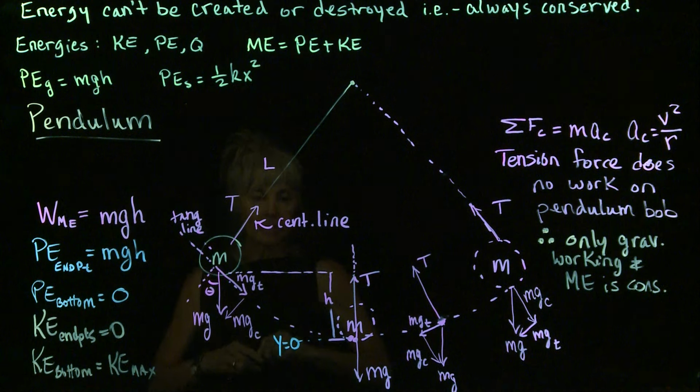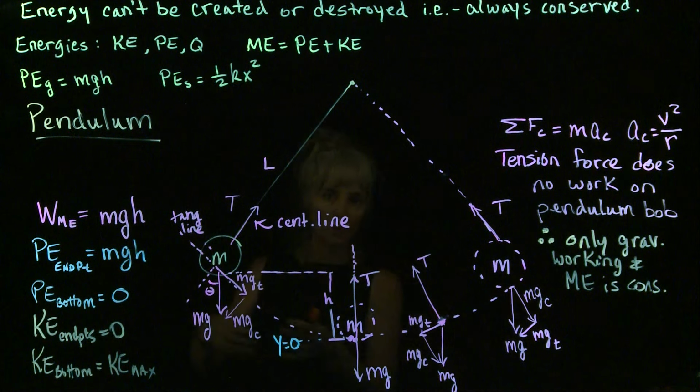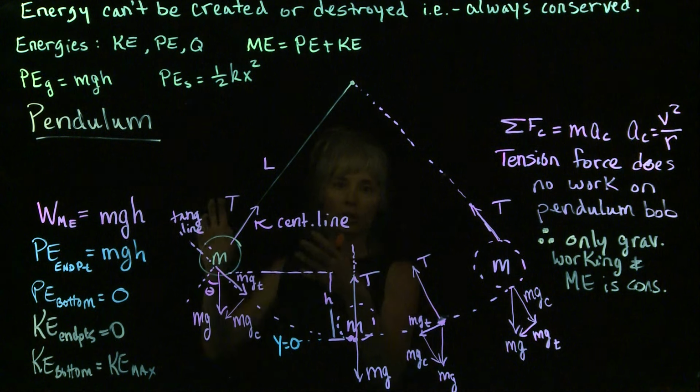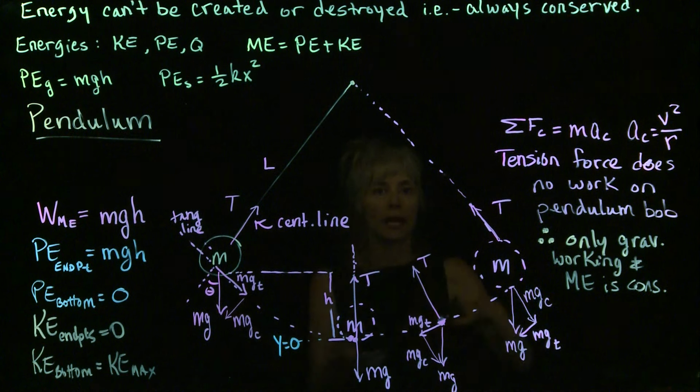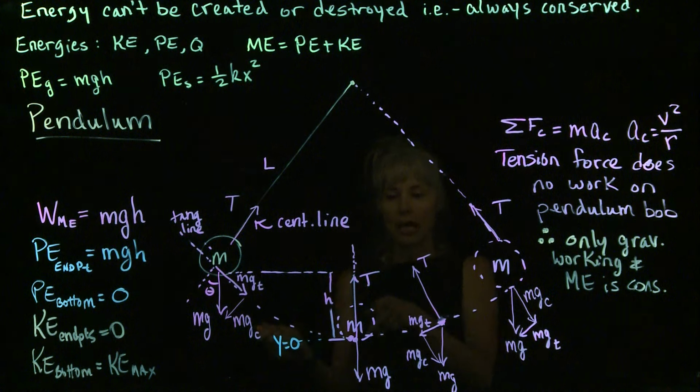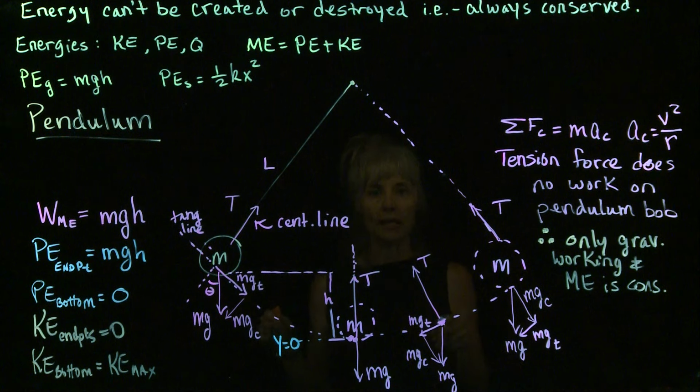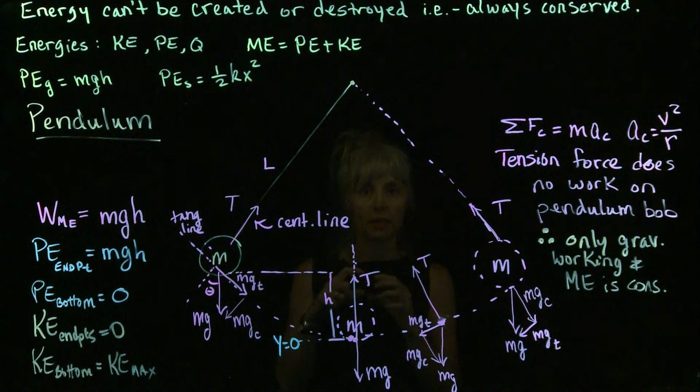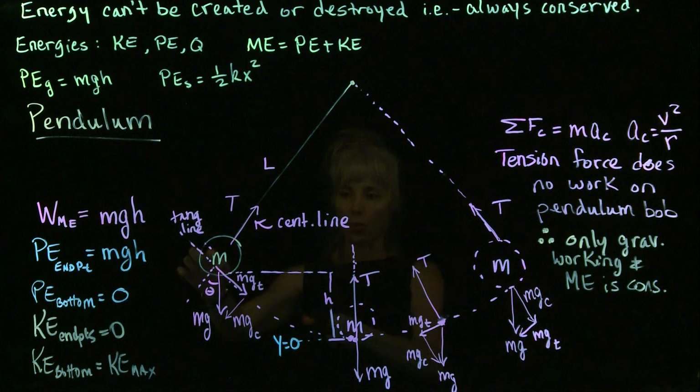So notice that this is another system that shifts the energy between potential and kinetic, potential and kinetic, potential and kinetic. There's 3 points at which the mechanical energy is all focused in on either potential or kinetic and not the other. And that's these 3 points that we've drawn here on the pendulum.